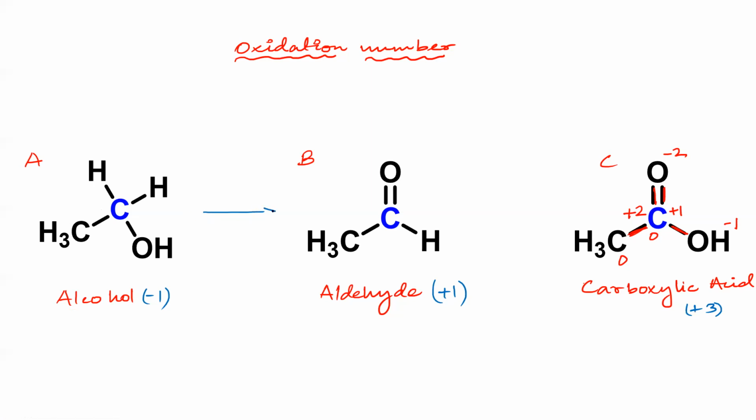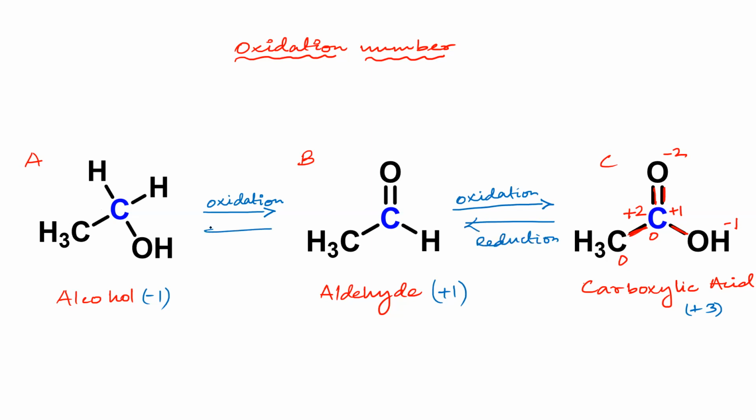If I go from alcohol to aldehyde, that means I am doing oxidation. Yes or no? Right? Minus 1 to plus 1. Oxidation state is increasing. Similarly, from aldehyde to carboxylic acid also, this is oxidation. And if I go in the reverse order, this will be reduction.